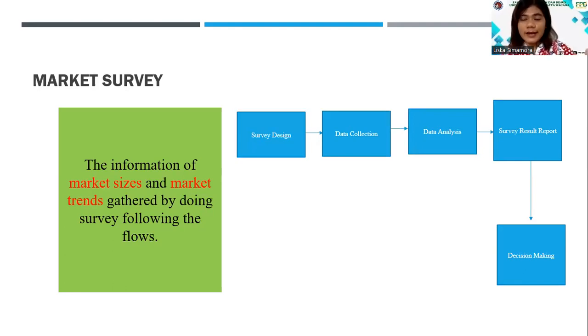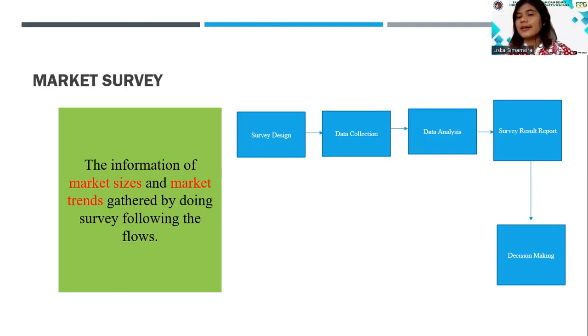You have to design the survey first, and after designing the survey, you know the kind of data you collect. And then after the data is collected, it's time to analyze the data.